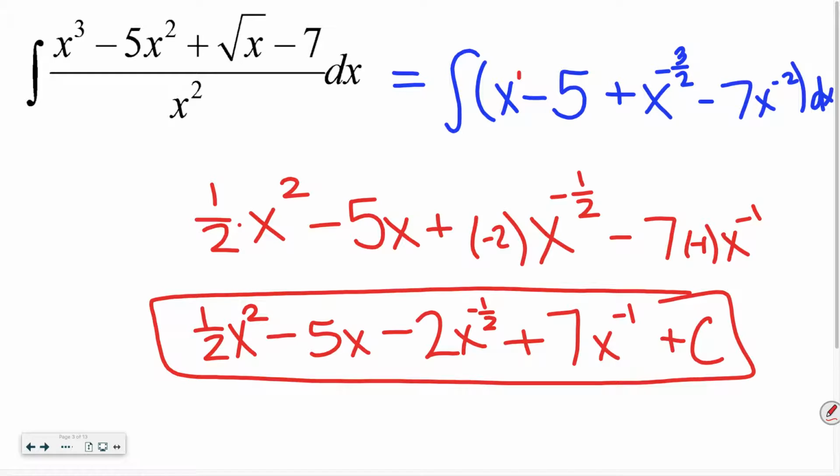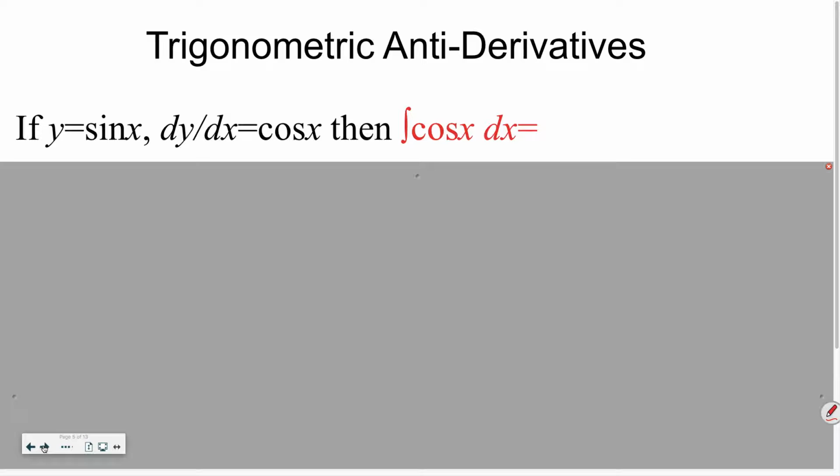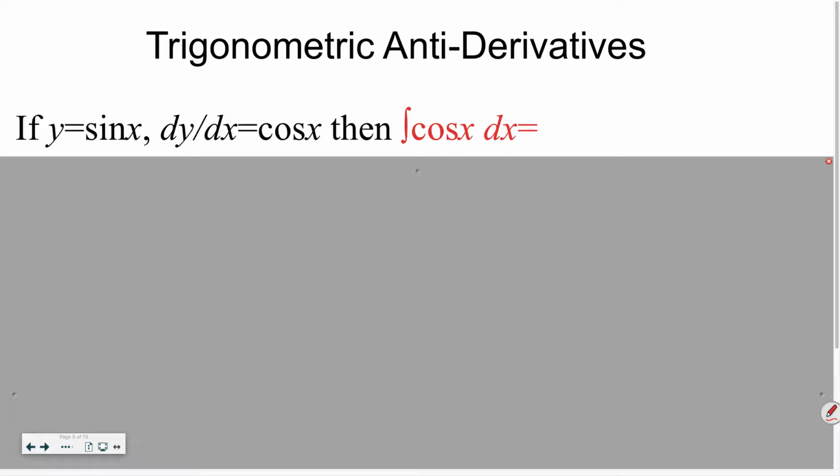Let's talk about trig. We talked about it a little bit yesterday. My suggestion to you would be to write down what I write down in red. But let's just think about some things. The derivative of sine is cosine.